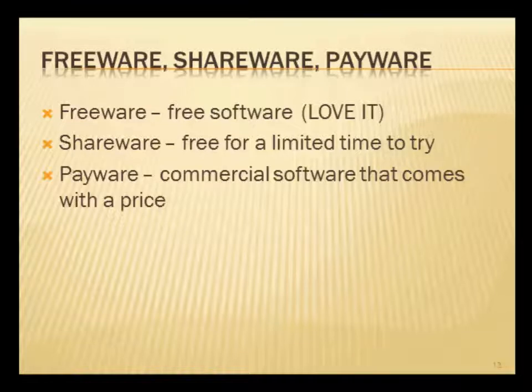OpenOffice is a productivity suite that interacts with Microsoft Word and WordPerfect. It does all that file formatting. It is an open source program that is made by developers that you can download and use on your computer. So that would be called freeware.